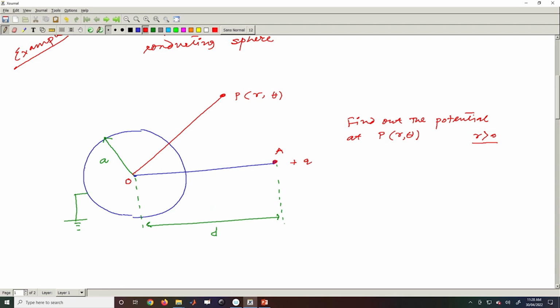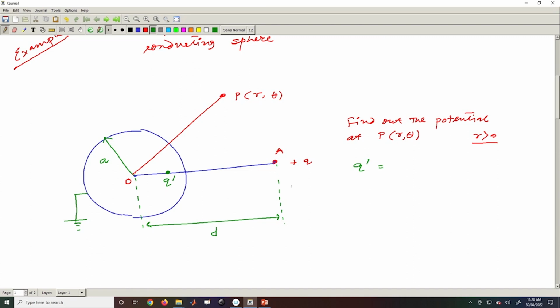So, instead of having a sphere, we can consider an image charge, due to which whatever potential we get satisfies the boundary conditions. Let us assume somewhere here, by just considering the symmetry, we have my image charge, and say that image charge is q prime. By symmetry I put this q prime on this line, and this q prime is the effective or corresponding image charge that I want to find.